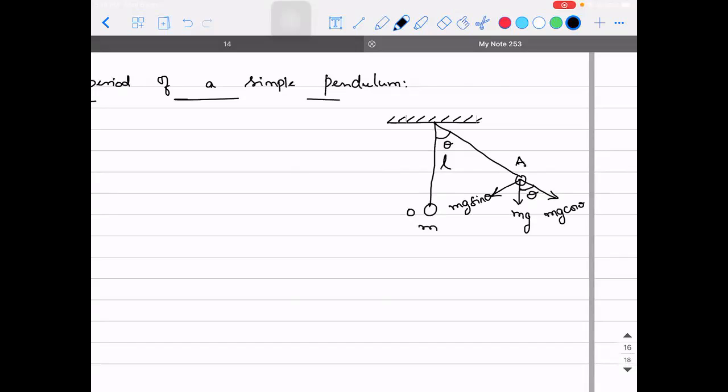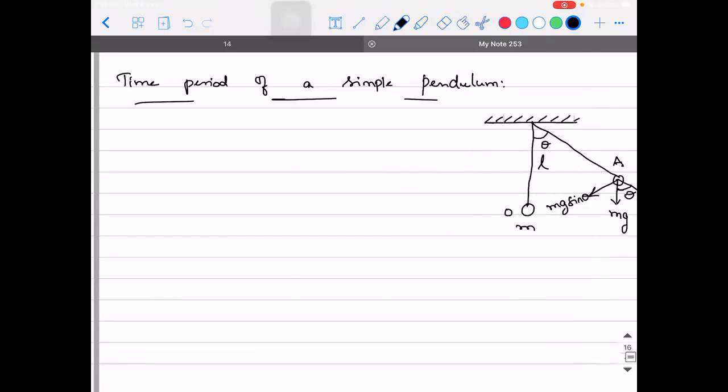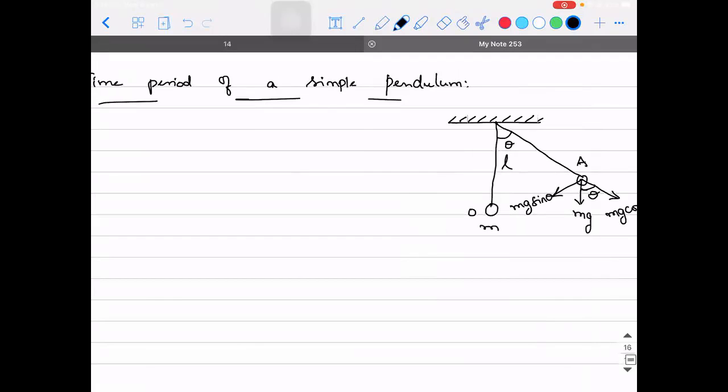So here, tell me, is the pendulum in a translatory motion or a kind of rotational motion? Is the bob rotating or is it in translatory motion?